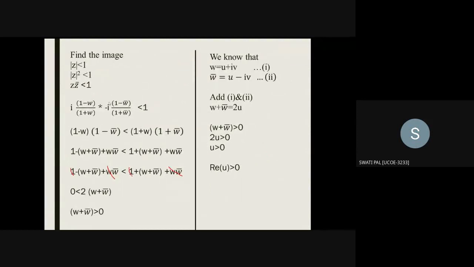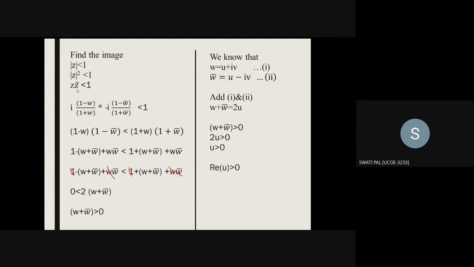For solving this, we take the square on both sides, that is, mod of z squared is less than 1. We know that mod of z squared is z into z bar. So putting the value of mod z squared in the above equation, we get z into z bar is less than 1. From the first part, we find the value of z, and from that we will find the value of z bar.